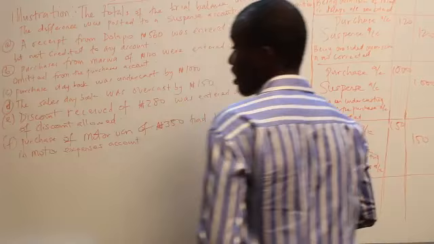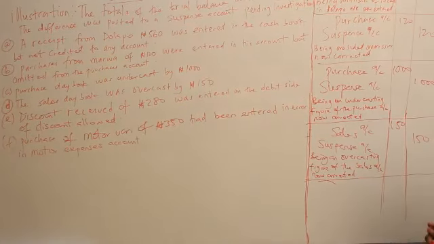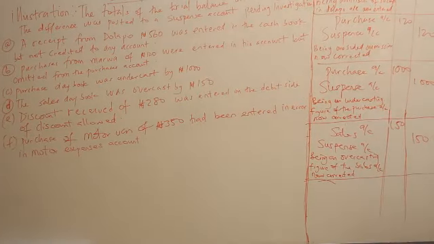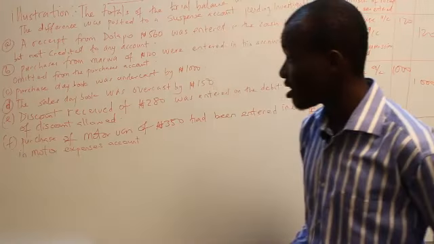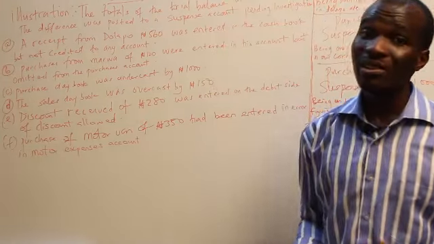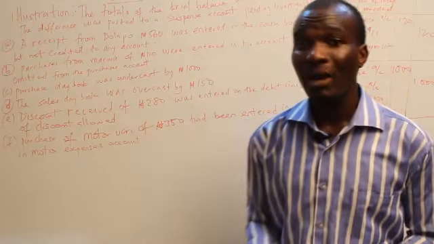So the next transaction, we have discount received of 280 naira was entered on the debit side of discount allowed. Wow, interesting. So it means discount received account should have been what? Should have been credited, because it is an income account, by 280 naira.